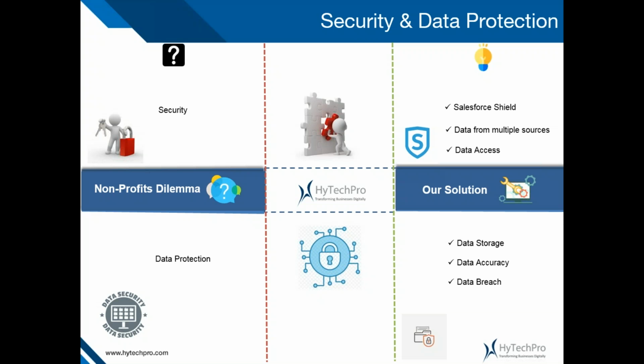But when it comes to security, you actually need some kind of security experts or consultants who can tell where the security lapses are. Whether Salesforce Shield is something that will protect your data, and what does Salesforce Shield actually do, right? Because Salesforce Shield does three things. It encrypts your sensitive data by doing platform encryption.